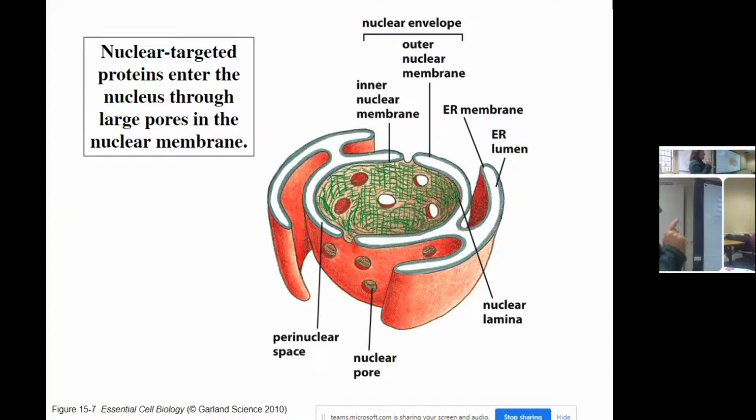Something I want to highlight on this slide is something called nuclear lamina. This is going to come up toward the end of the semester, but this is the first place we have a picture of that. Nuclear lamina is a set of structural proteins that hold up or support the nuclear membrane.